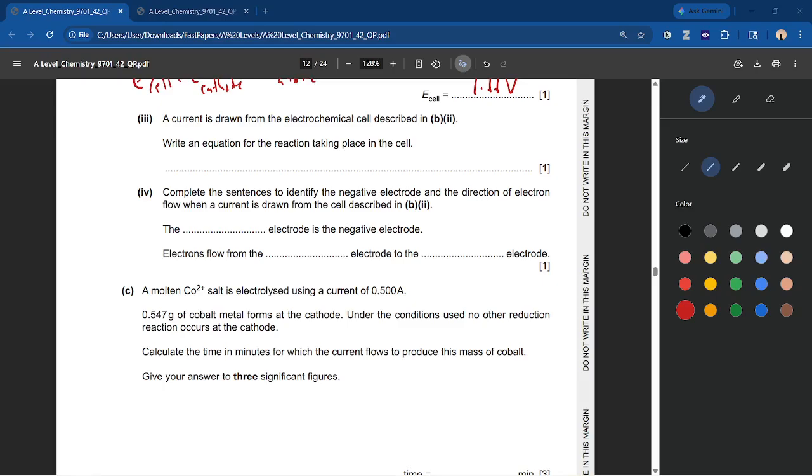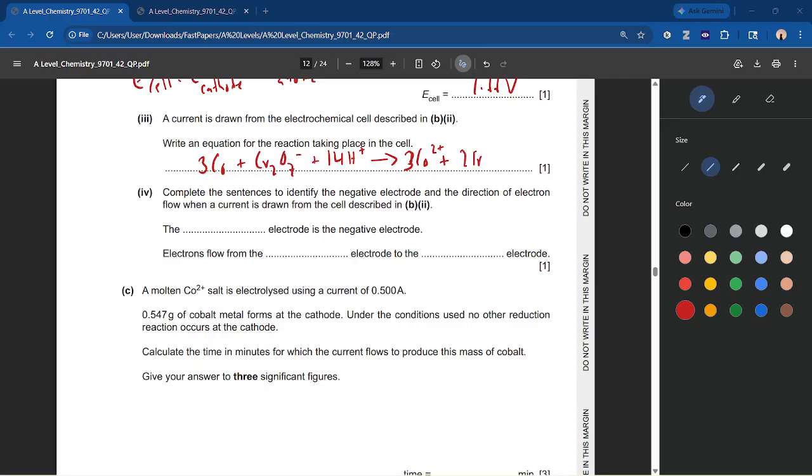Current is drawn from the electrochemical cell described in B2. Write an equation for the reaction taking place in the cell. All right, so this will be 3 cobalt plus Cr2O7 2 minus plus 14 hydrogen plus, which gives you 3 cobalt ions, 2 plus, and 2 chromium ions.